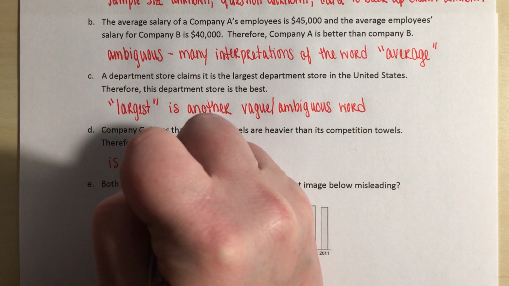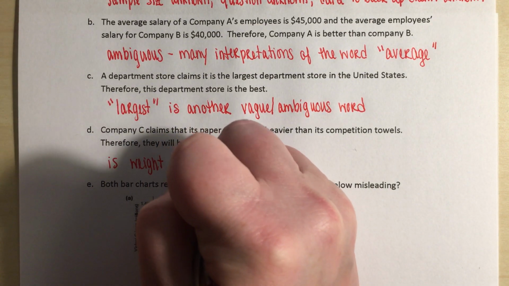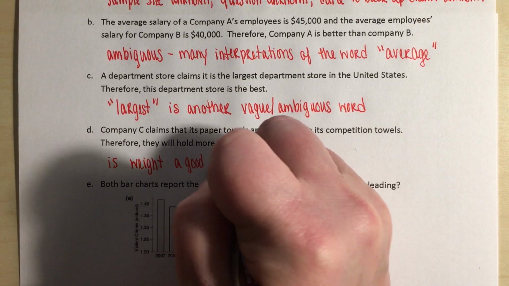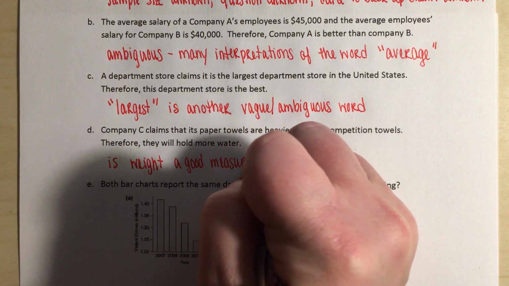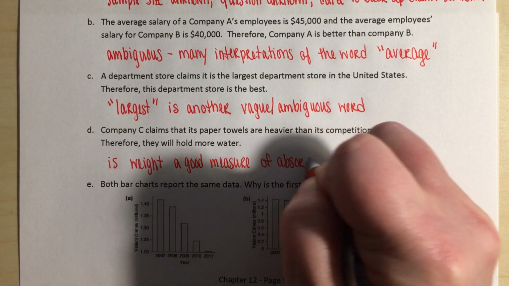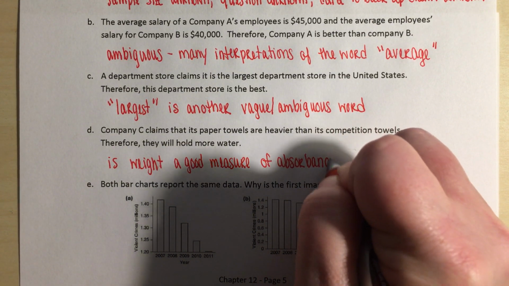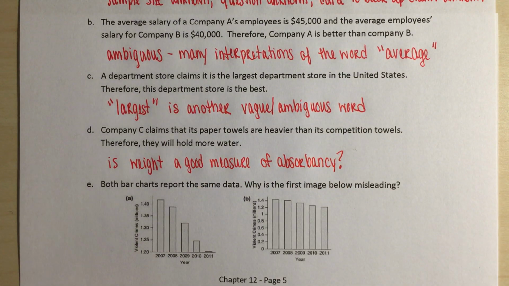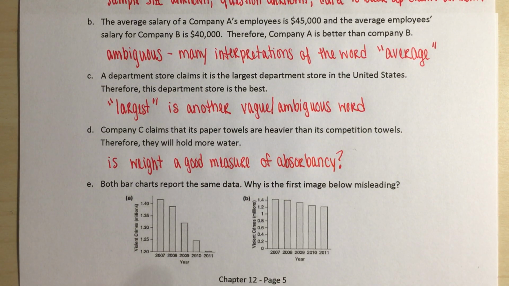So, is weight a good measure of absorbency? So we could come up with kind of a crazy off-the-wall conclusion if we compared a rock or a sponge. Right, a rock is definitely heavier than a sponge, but a sponge is definitely much more absorbent.